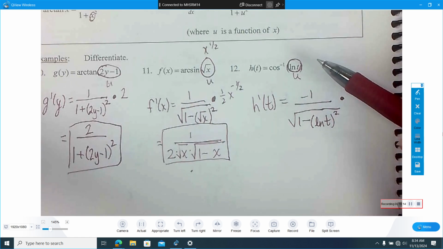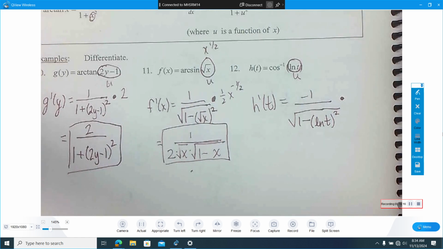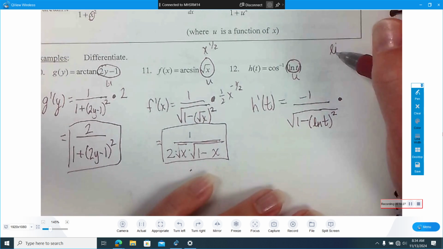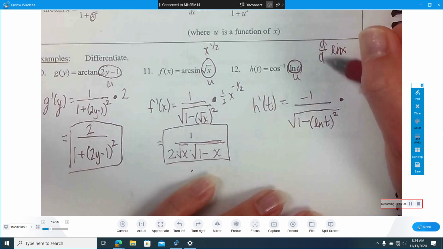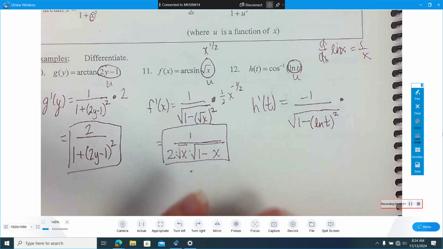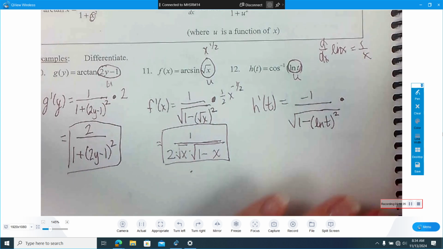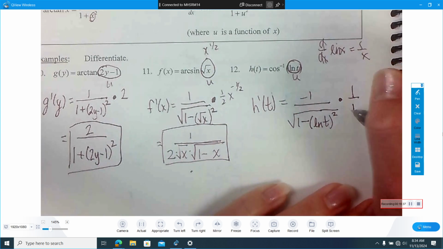What is the derivative of the natural log function? U prime over u. Natural log of x, the derivative, is just 1 over x. And so this would be 1 over t in this case.